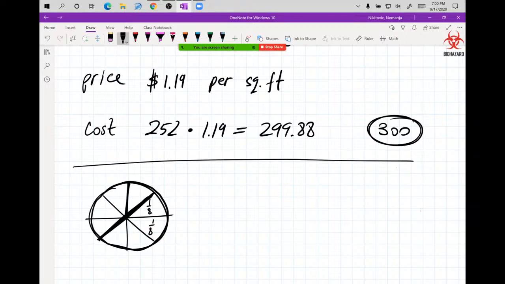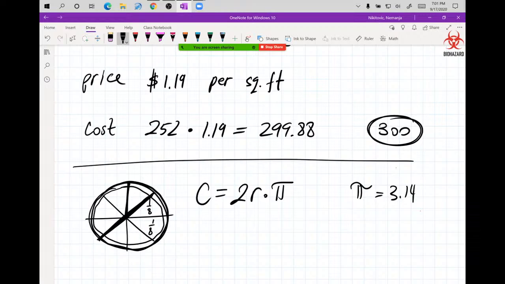You can literally figure out how much cheese you need for one pizza by calculating circumference, because if you have that cheese stuffed in a crust, that's going to go around the pizza on the other side, and that's a circumference, which is 2 times the radius times pi, and pi is 3.14.